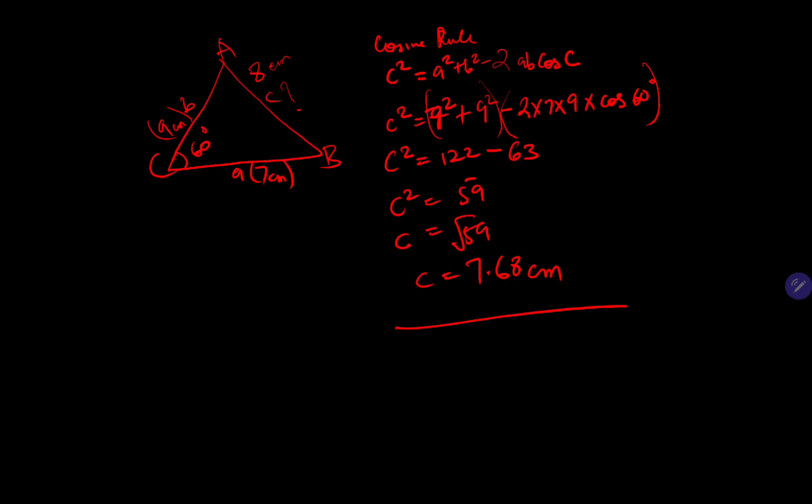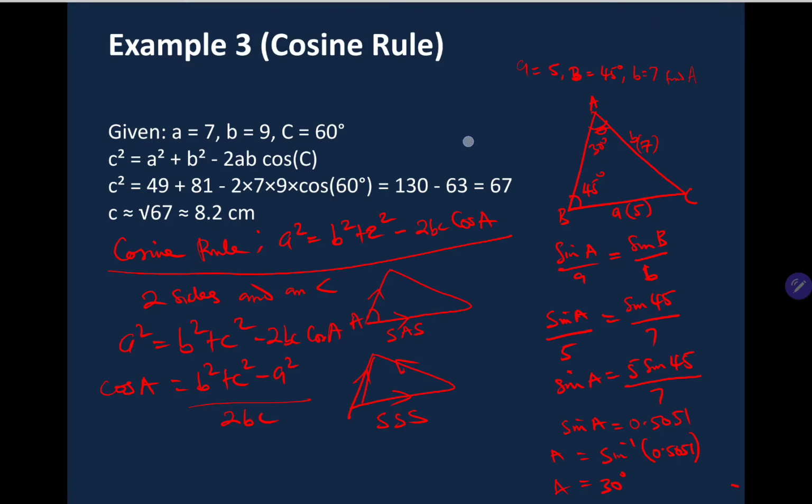We could apply the sine rule to fill up the remaining parts of the triangle, and I'll leave that to you. So that's how we arrived at this 8.2 centimeters. If you approximate, you'll have 8 centimeters.